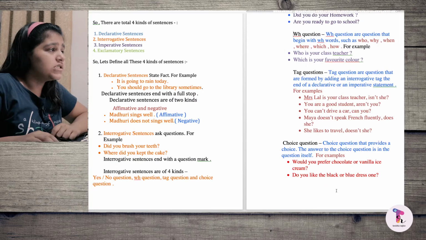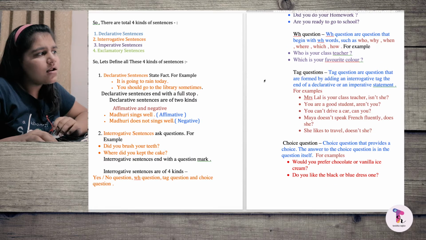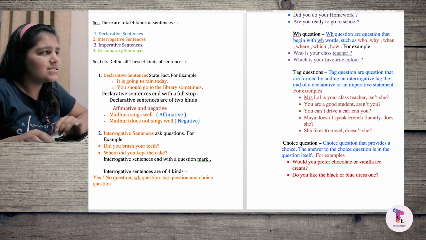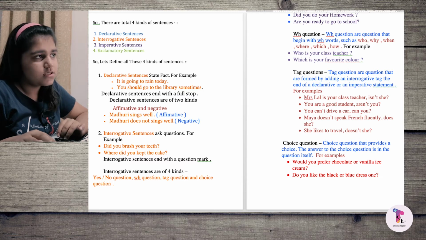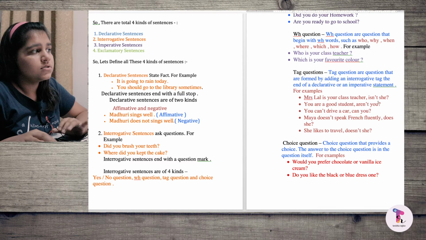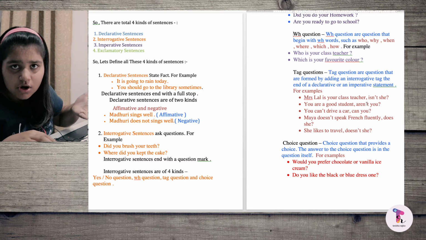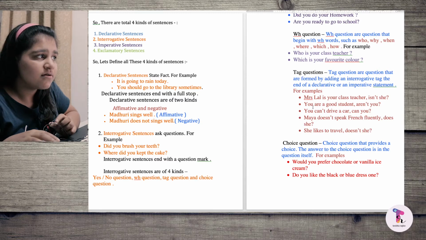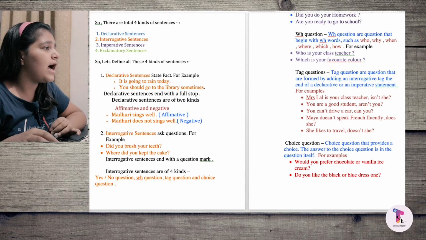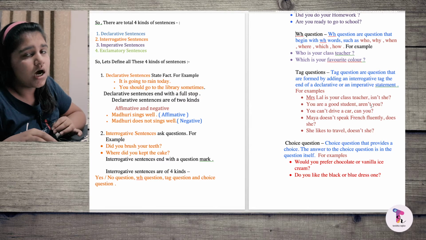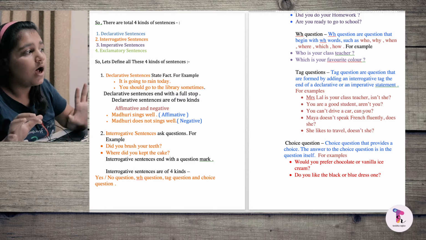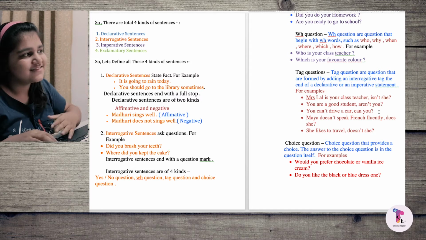So, tag questions. For example, Mrs. Lal is your class teacher, isn't she? It is asking you a question. Then, you are a good student, aren't you? So it is asking you whether you are a good student.